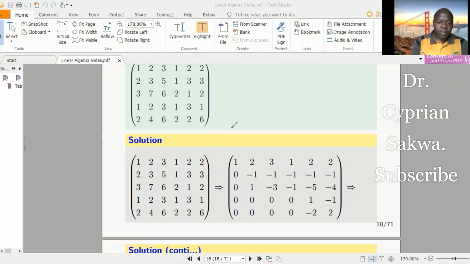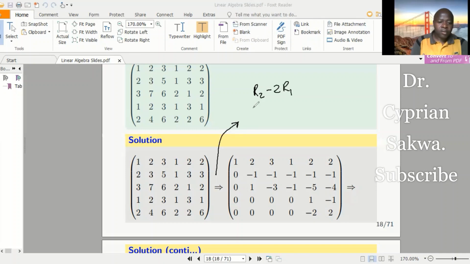So what are my row operations? When you're doing it, ensure that you have enough space that you can write your row operations above this. But for me, because my space is not enough, let me write my row operations here. To get a 0 in this position, I took row 2 minus 2 row 1.